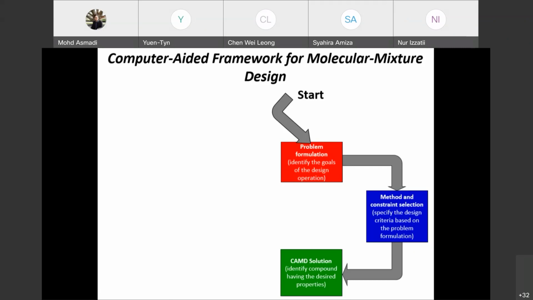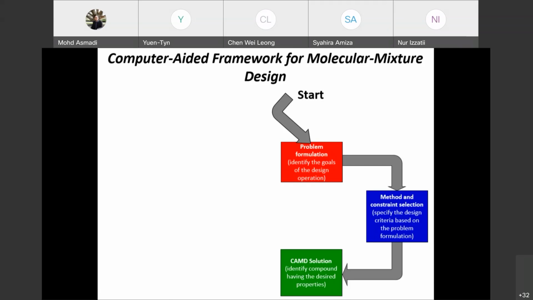In this step we have to identify the compounds having the desired properties based on the problem formulation. At this step the CAMD software should be able to generate molecular structures and evaluate their properties with respect to the specified target properties that we already defined.